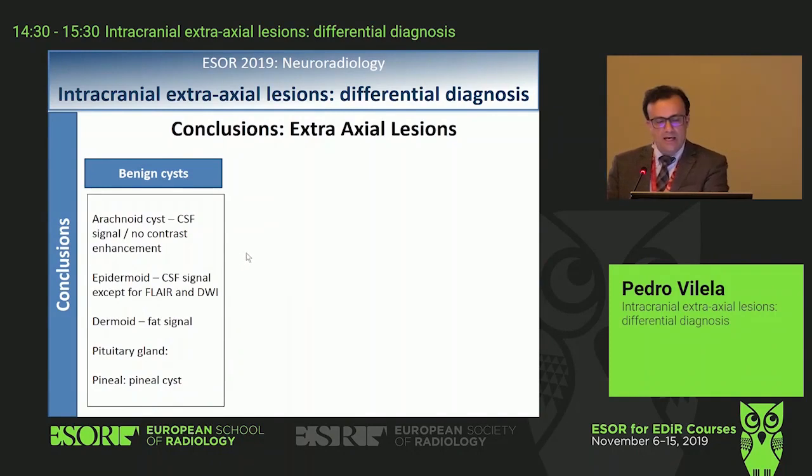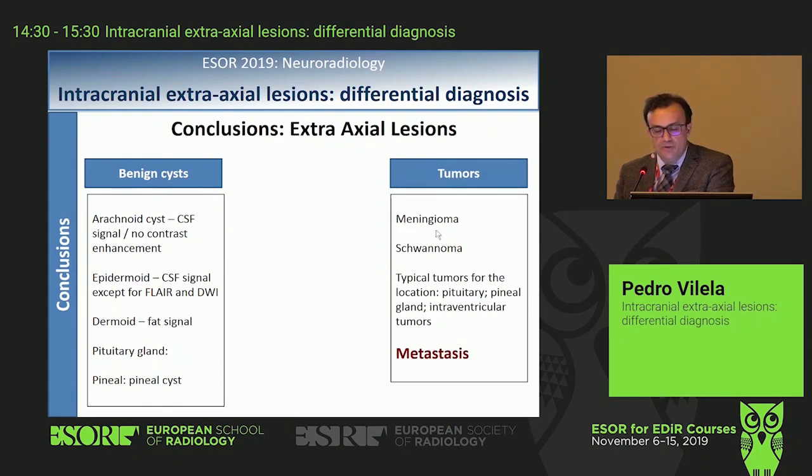So as a summary, we have spoken about benign cysts that have an extra-axial location, arachnoid cyst, epidermoid, dermoid, and then those of the pituitary gland and pineal cyst. Some tumors, you need to think about meningioma, schwannoma, and metastases, and then tumors of each of the typical locations, pituitary gland, pineal gland, or intraventricular.